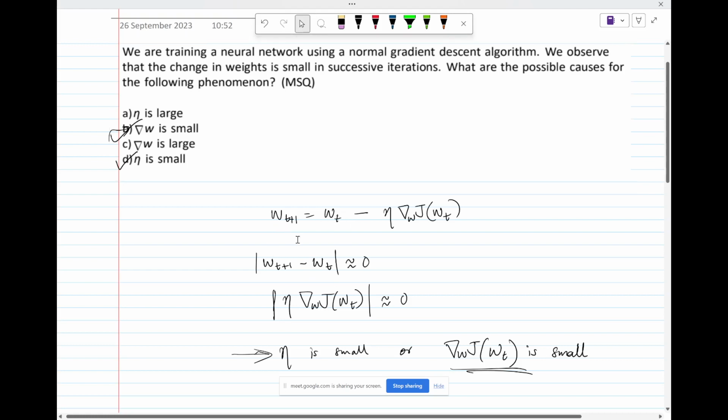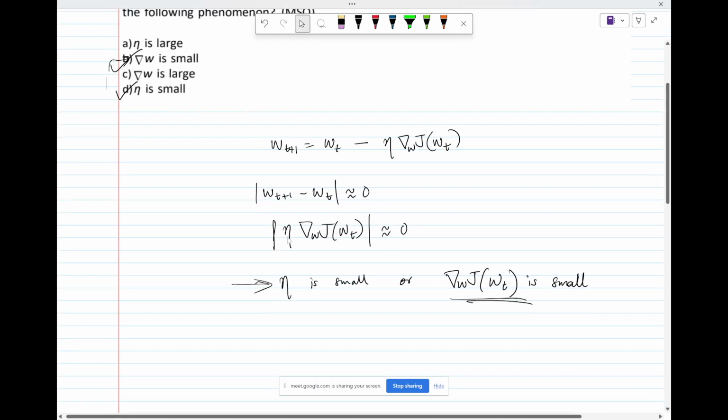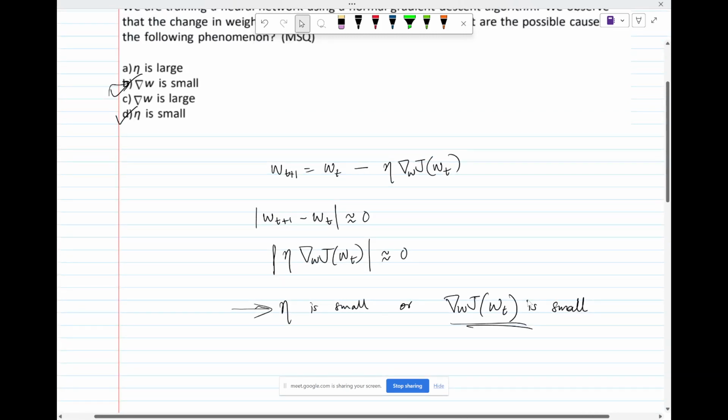So that is using a normal gradient descent. Change in weight is small in successive iterations. That is wt plus 1 minus wt is small. That means this part is also small. That is what I have written here. That means either this or both can be small. And that is exactly what is there in the options.